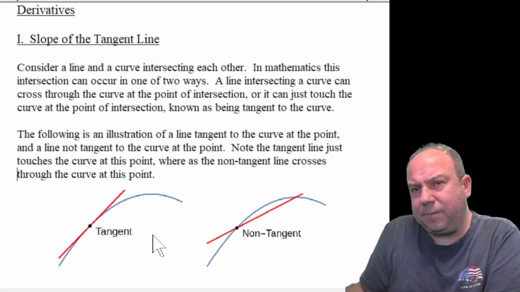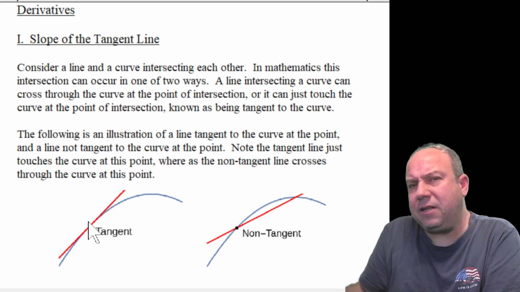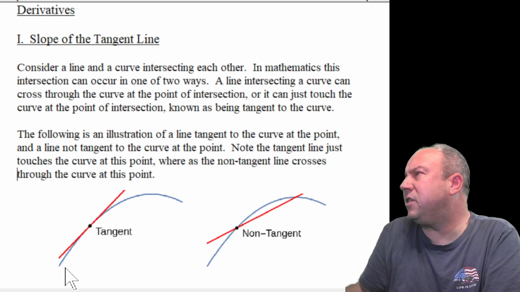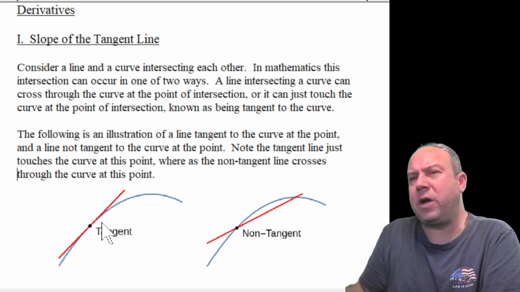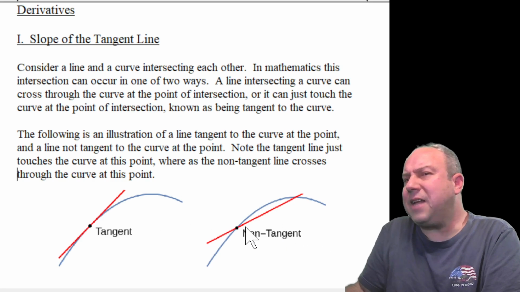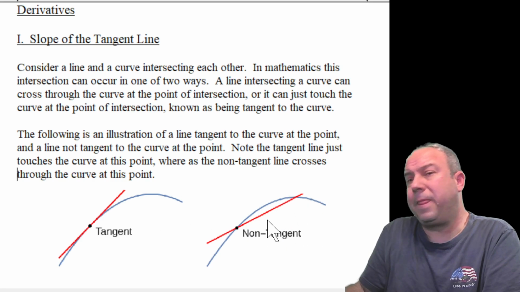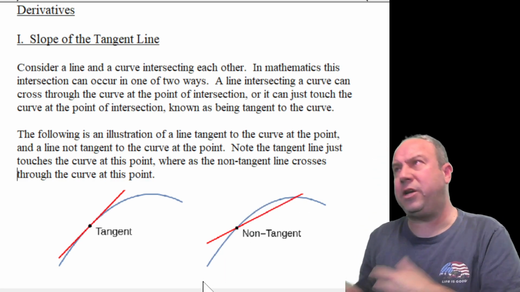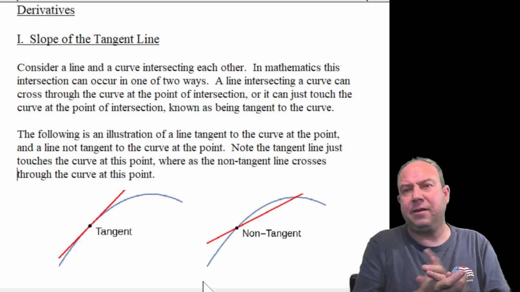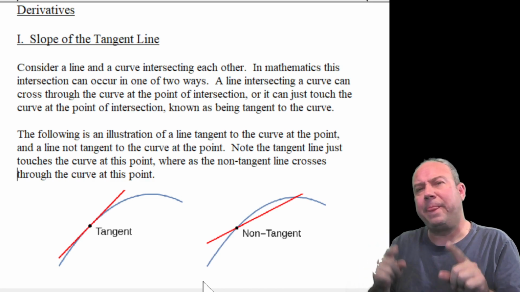What we're considering is how to calculate the slope of this tangent line to this curve at this particular point. That's going to be our common question. That's not a tough question for the non-tangent line if I also know where these two coordinates intersecting our curve exist in space.